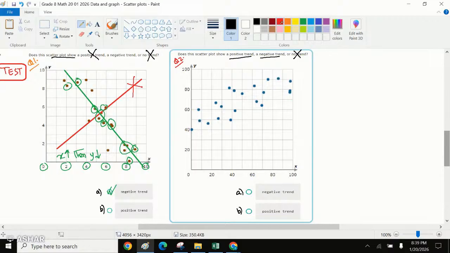It is a positive trend, right? That is the correct answer. Why would we say it's positive? Because this is increasing on this side, right? And the points are very near to the line. So the maximum points are near to the line. So that means it is a positive trend. Thank you.